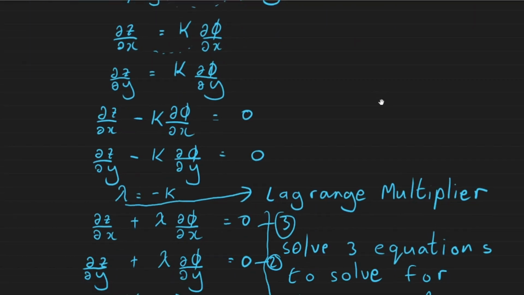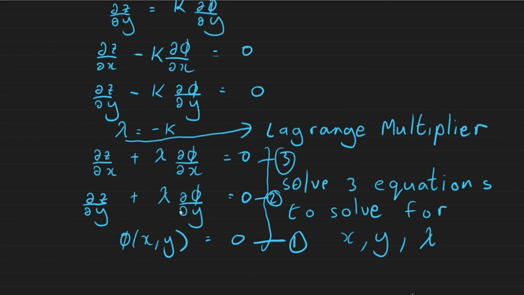And this factor is what is called a Lagrange multiplier. And then we create these two other equations, which is what I put an asterisk next to now. And this together with our constraint equation gives us three equations which we can solve for x, y, and lambda.